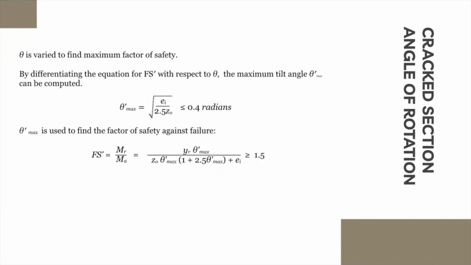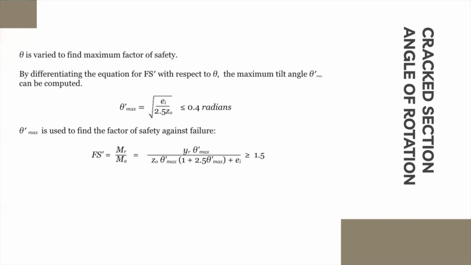And the maximum tilt angle is what will be used to find the factor of safety against failure. That maximum tilt angle should be less than or equal to 0.4 radians. And the factor of safety against failure should be greater than or equal to 1.5.